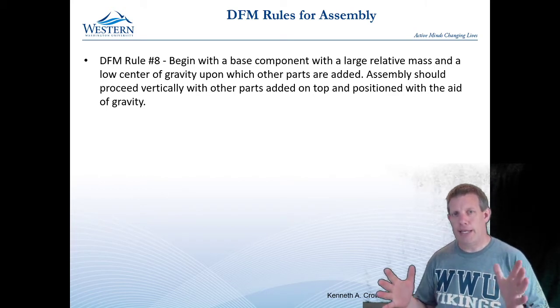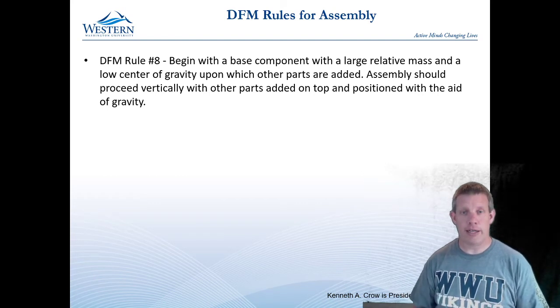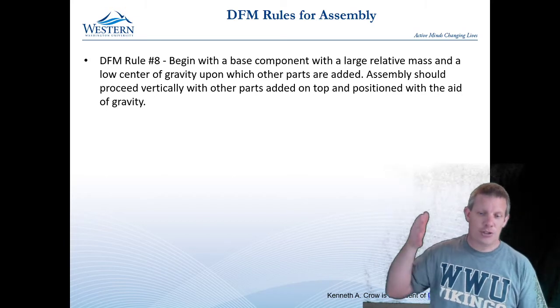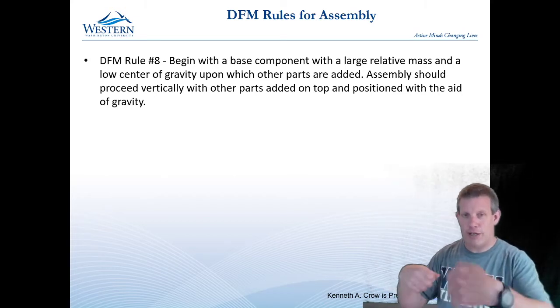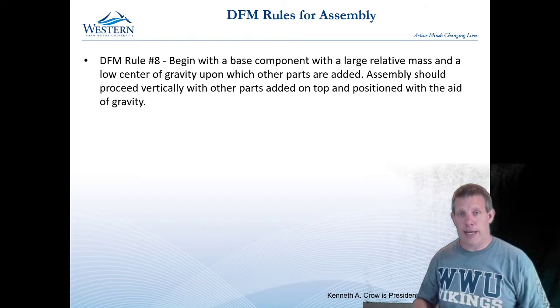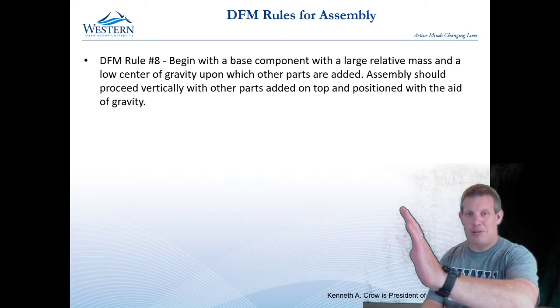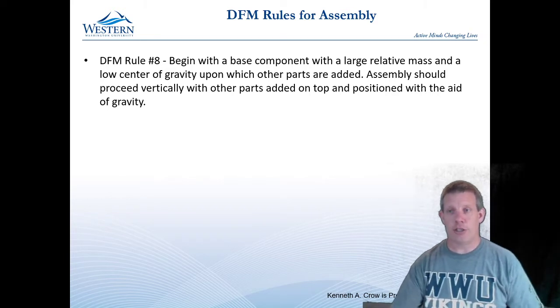And so we may need to clamp against locators and not only depend on gravity. But it is much easier if you can take a big sheet of something and slide it in and have gravity hold it in place while you clamp it up, rather than having something where you're having to hold it against gravity with one hand while you clamp it with the other hand. That is a much harder fixture to load.